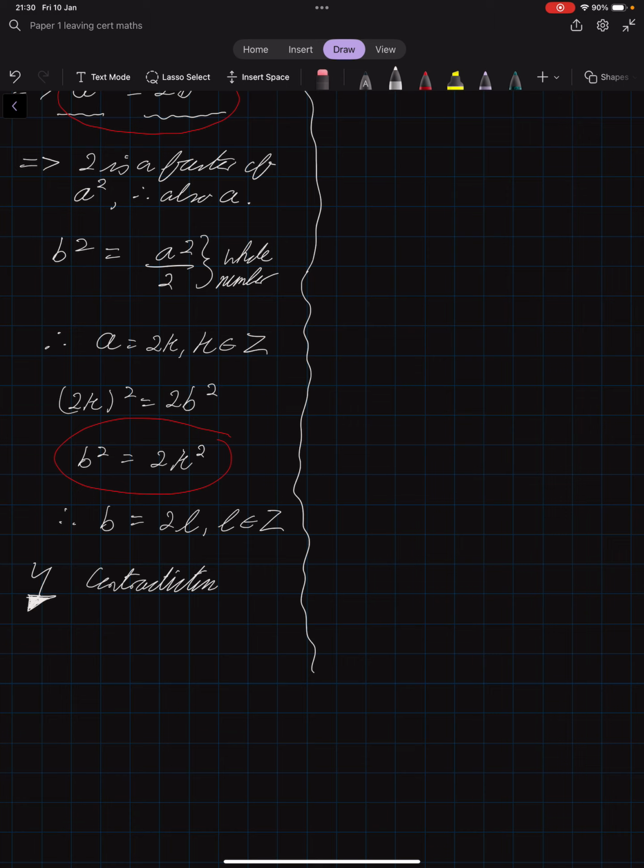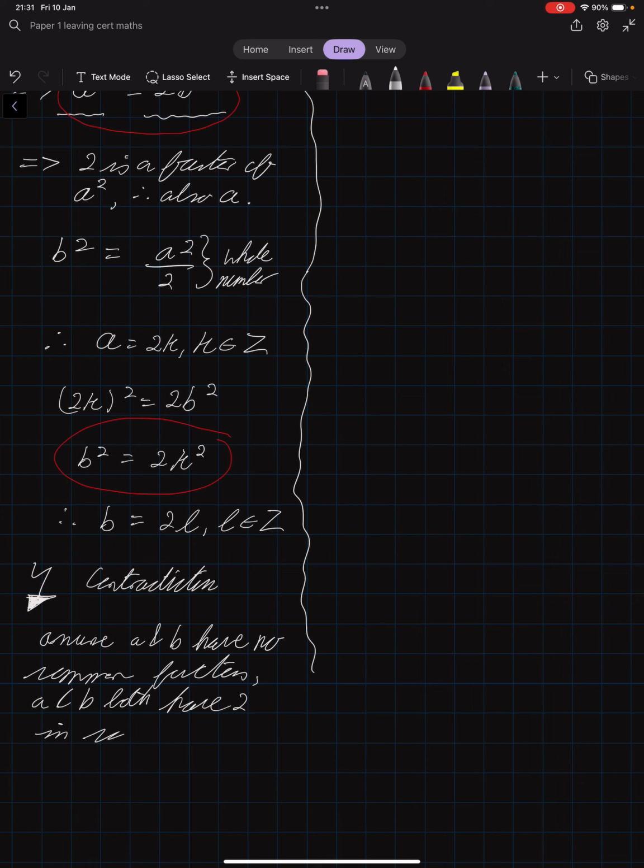Now, how is it a contradiction? We assumed that a and b have no common factors, but here we just showed that a and b both have 2 in common.